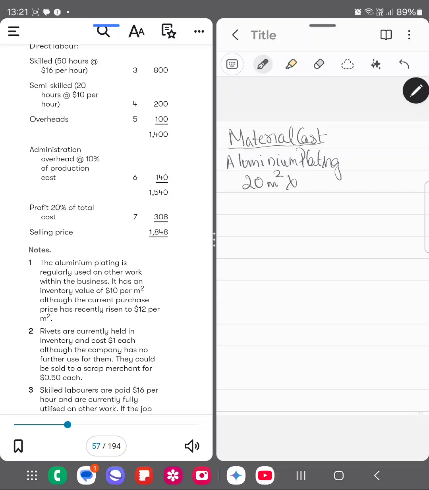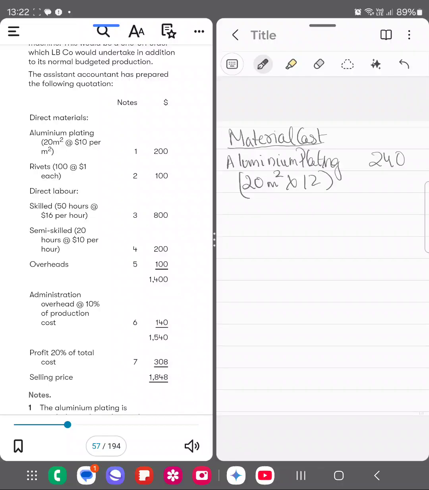We do not consider the sunk cost for relevant costing, and instead we will always consider the cost which we can incur in future. The cost which can be incurred in future is 12, because that is the current market price. So 20 into 12 is 240. Over here we have 240, and after that we have rivets.